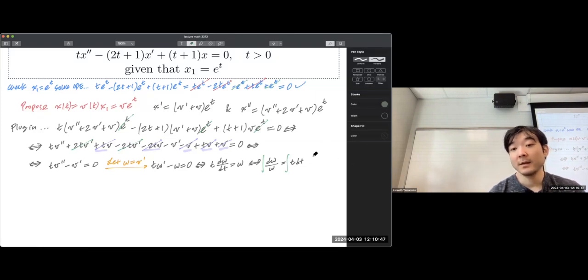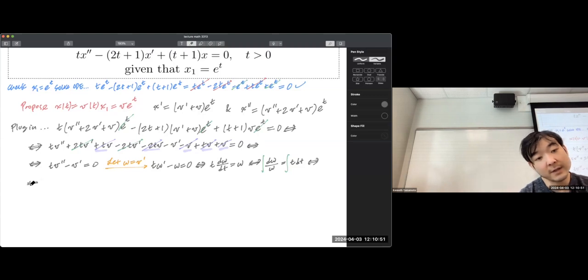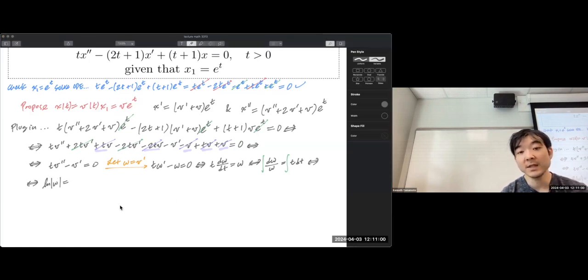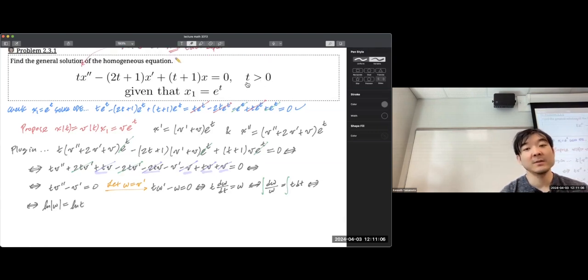And then on the left, we get ln of absolute value of w is equal to the integral of 1 over t, which is just ln of absolute value of t, but I'm just going to look at positive solutions. So t is greater than 0.